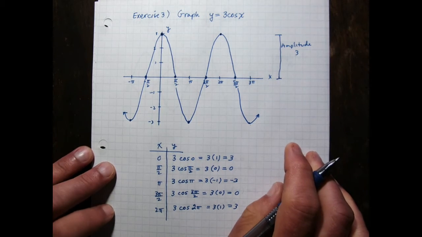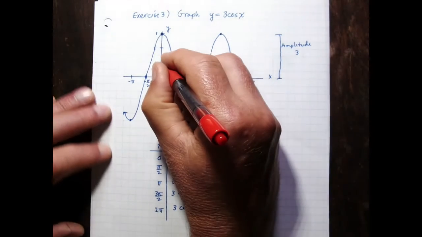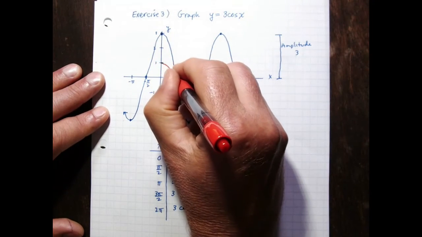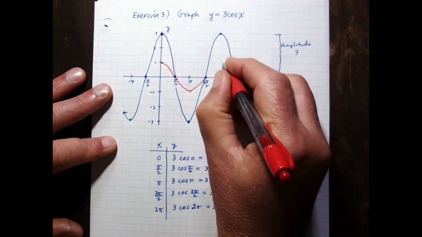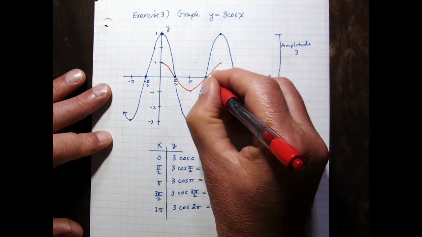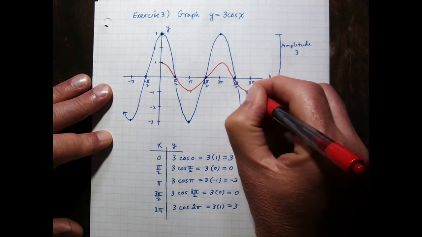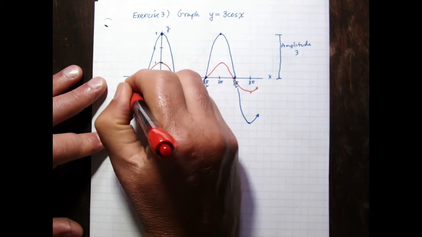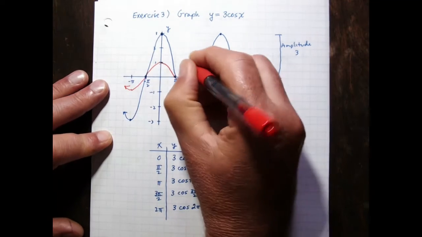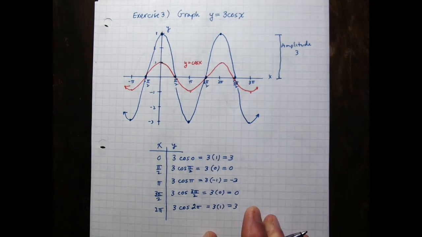And let's see, what else? Oh, I want to just add the regular cosine graph. That starts at 1, to 0, to negative 1 at pi, to 0 at 3 pi over 2, back up to 1 at 2 pi with that pattern continuing. Just so we see the relationship between 3 cosine x and cosine x.